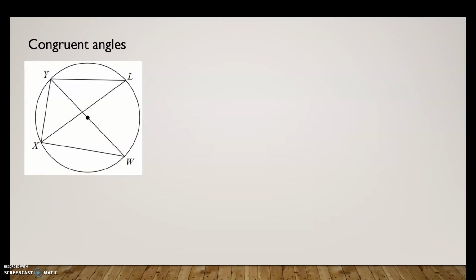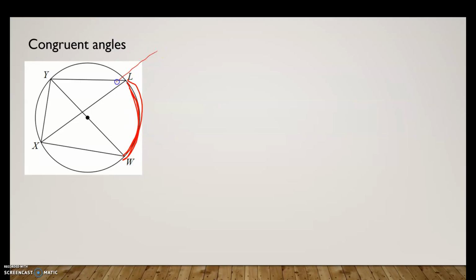And lastly, congruent angles. Congruent angles are going to be our inscribed angles that open up to the exact same arc. If I am looking at this arc LW, which angles open up to LW?